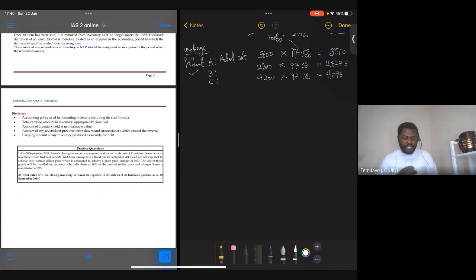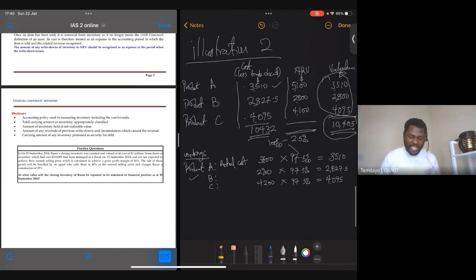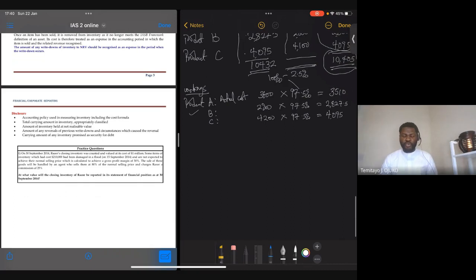The total carrying amount of inventory appropriately classified, like the breakdown, just like we have in this illustration too. Then the amount of any reversal of previous write-down, circumstances which caused the reversal, if there's any. Then the carrying amount of inventory pledged as security for debts. So that's that about the two questions so far.